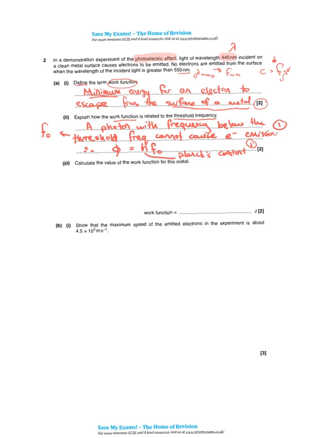Now it says calculate. So obviously you need to show calculations, you need to use the right equation, the value of the work function of this metal. Now going back to the values given at the top, because obviously there's no values given in this part, but they're all given here. You are told that you have a light of that wavelength being emitted, but no electrons are emitted when the wavelength is above this value.